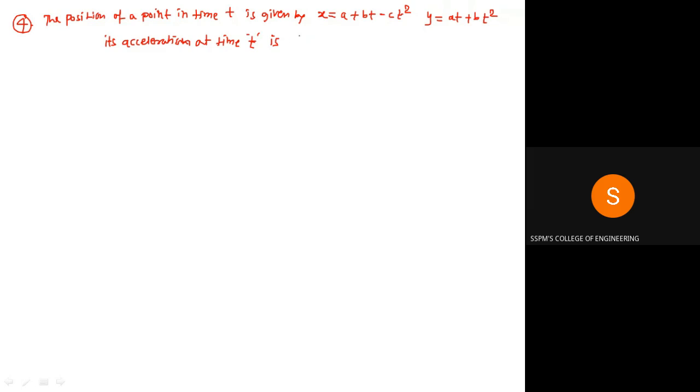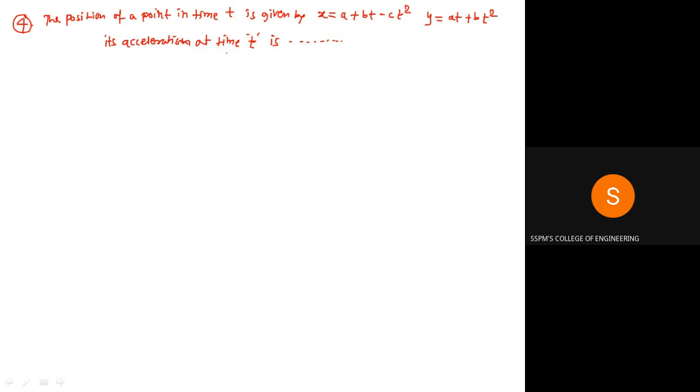Okay, so you have to find the acceleration from this question. Acceleration is nothing but the double derivative, and by the single derivative you will get the velocity. Here, in this position of a point in time t, two functions are given with the parameter t, meaning x and y are functions of the parameter t.